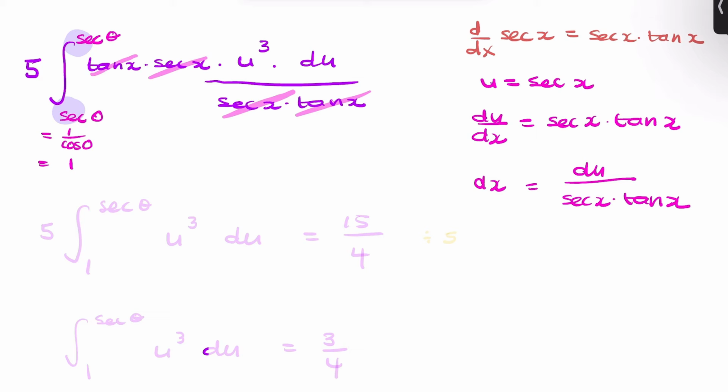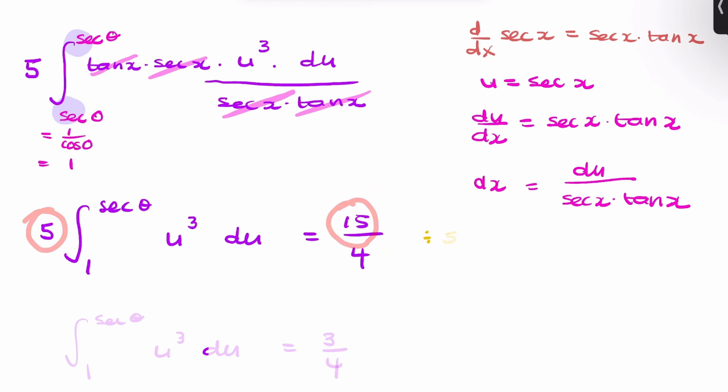And our integral now boils down to 5 times the integral from 1 to sec theta of u to the power 3 du. And it's actually an equation, so we still have a right-hand side, 15 over 4. Now we can divide both sides by 5.